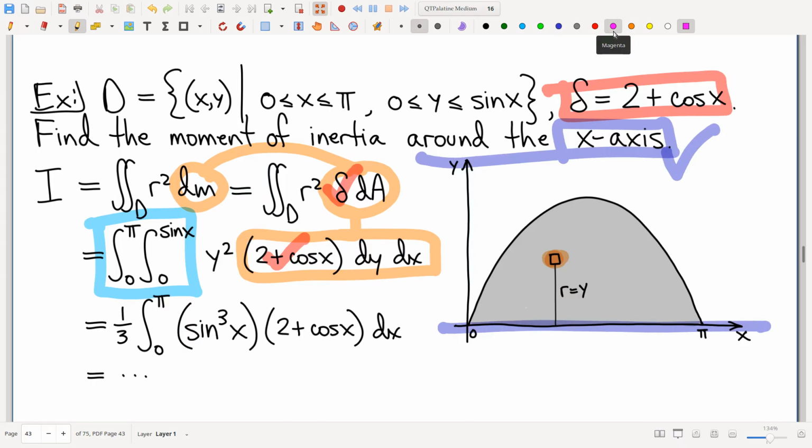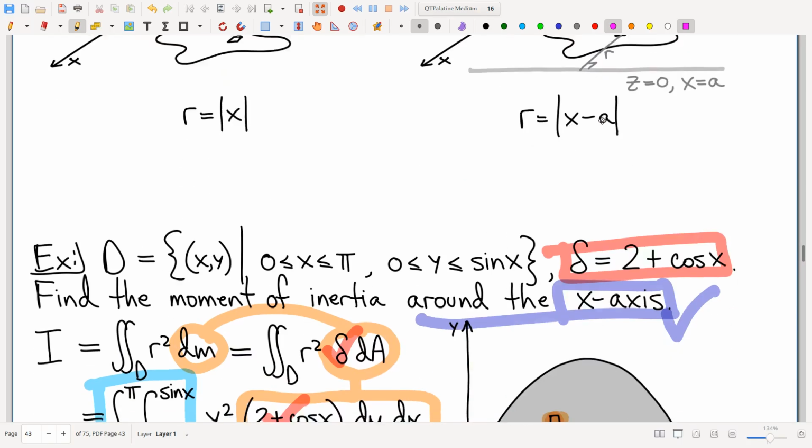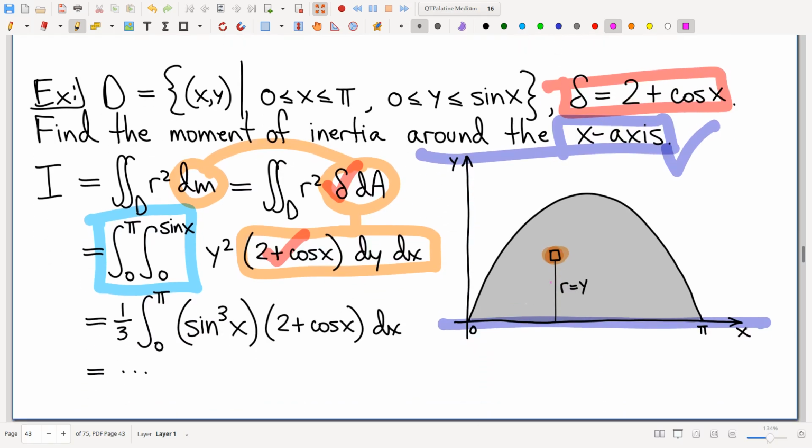Now, just like these examples up here, I'm going to understand R as being the distance to the stated axis of rotation. And that distance here is y. It's right there in the picture, right? So y is what R is, and so this R is y. Everybody see what happened?